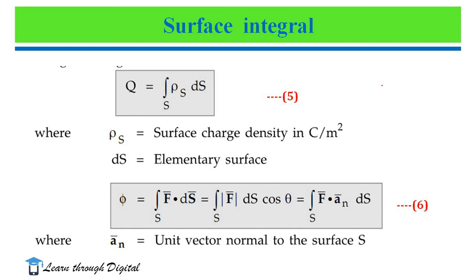Phi is equal to surface integral of F vector dot ds vector, which is equal to surface integral of modulus of F vector ds cos theta. Here equation 6 represents the net outward flux of vector field F vector over surface S. If the surface is closed, it defines a volume. The surface integral involves double integration mathematically.